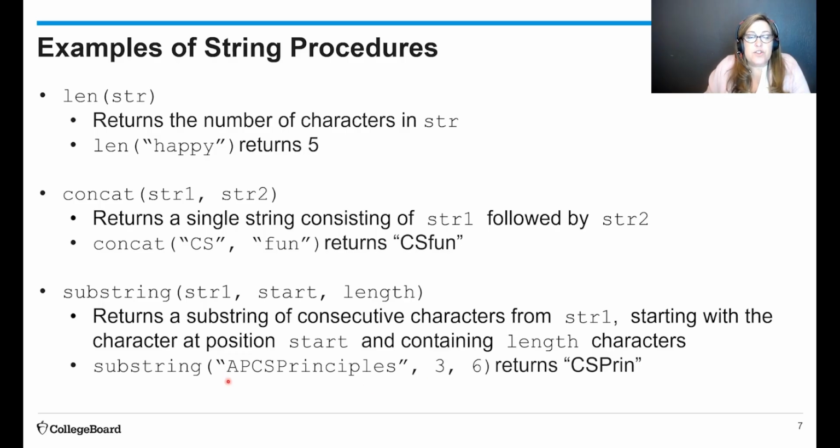I'm going to go to the string to index 3: 1, 2, 3. So C is where I start. And now I need 6 characters starting at C. So 1, 2, 3, 4, 5, 6. So it ends at the end. So this call to substring will return CSPRIN.